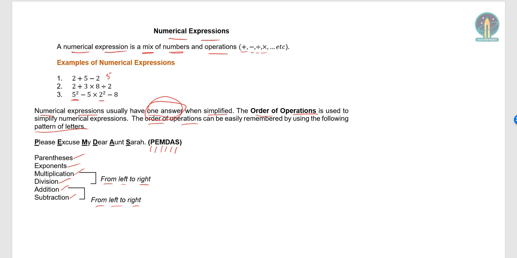It doesn't matter whether we do this first and then this, or this first and then this after. But for multiplication and division, and addition and subtraction, you have to do them from left to right, assuming you have multiple multiplication signs, multiple division signs, multiple addition signs, multiple subtraction signs, etc.